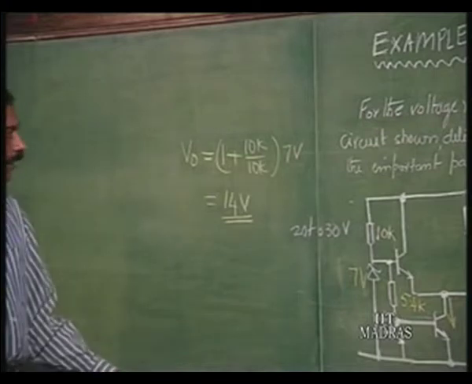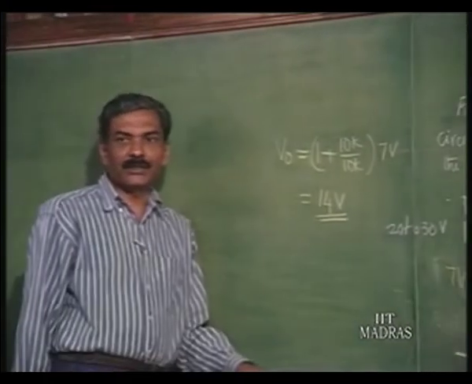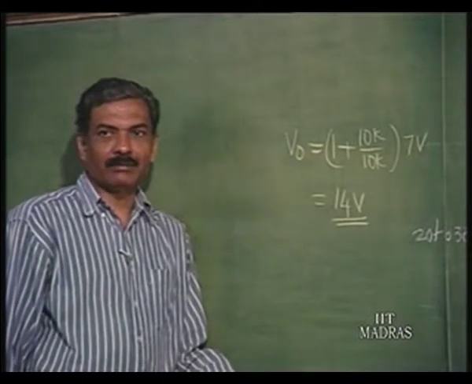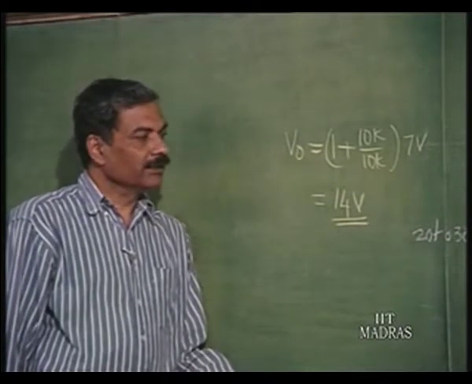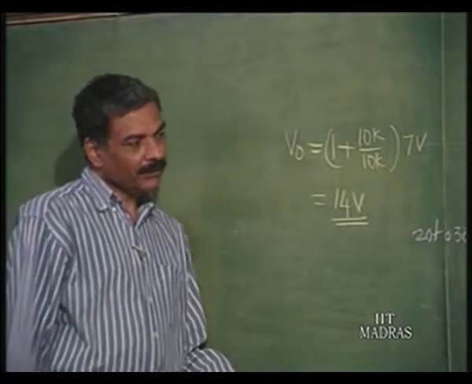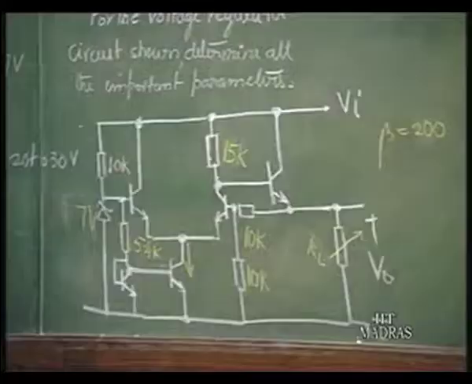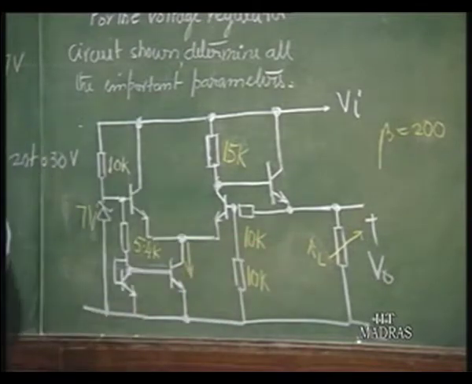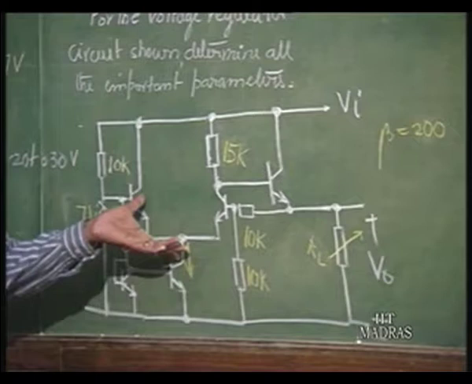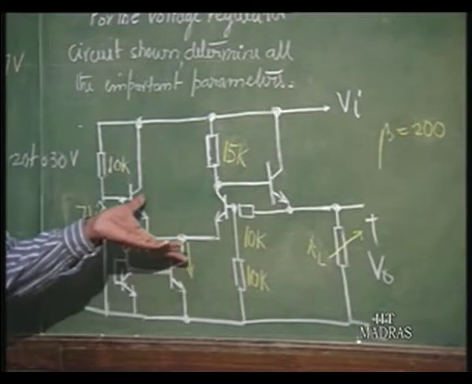So, the regulated output voltage is 14 volts, 2 times Vz. And let us say RL, we would like to now know how much current I can draw before this circuit starts failing, stops functioning as a voltage regulator.